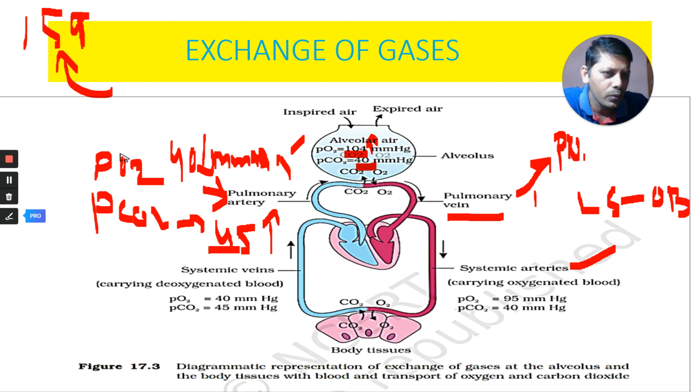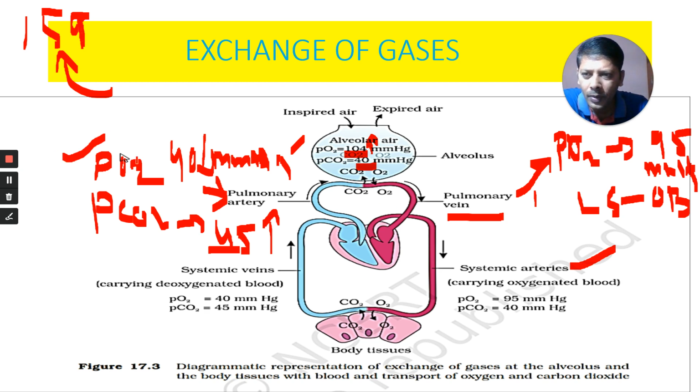Partial pressure of O2. Oxygen, what is that? 95. You can observe here 95 mmHg. That is the partial pressure of oxygen here in the pulmonary vein. Compare these two.